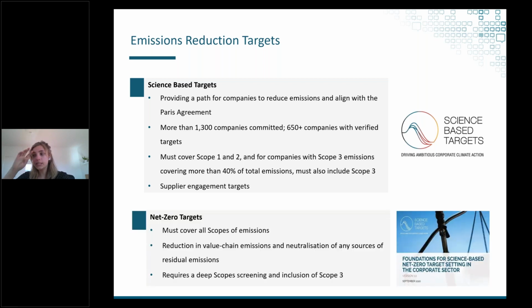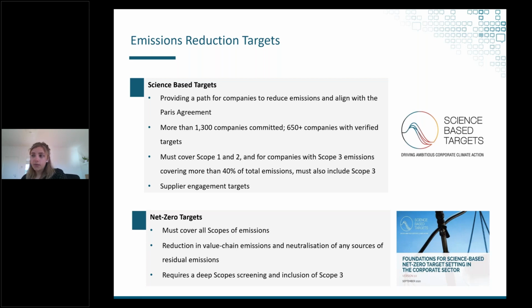The second strategy would be net zero targets as well. They are also driving the disclosure of Scope 3 emissions, as in order to achieve a net zero emissions world by 2050, having visibility of all emissions is inevitable. Indeed, net zero target boundaries must cover all scopes, so 1, 2, and 3.